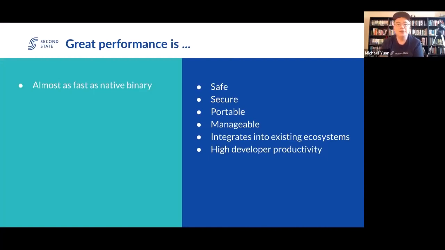The new framework would need to integrate with existing ecosystems. You can't have something brand new, because the learning curve of something like that could be really steep, and it took 10 years for, say, Ruby on Rails to get popular, and also for Node.js. So to gain developer mindshare, you also need it to integrate with a large existing ecosystem. And it needs to have high developer productivity.